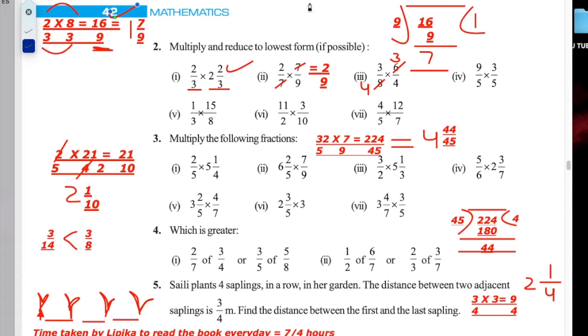How will we convert? We will divide 16 by 9. 9 ones are 9. 16 minus 9, 7. So we write it as the mixed fraction 1 7 by 9. So 1 7 by 9 will be your answer for this first part.